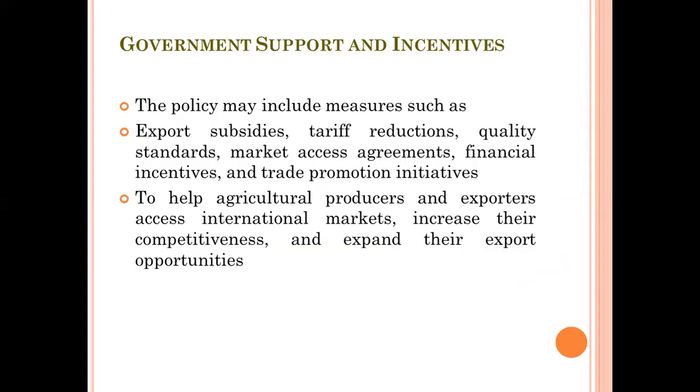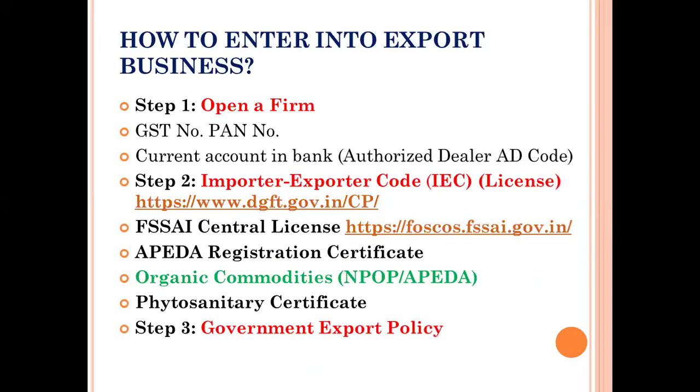Coming to the government support and incentives, if you are thinking of going for the export market, these are some things that the government is providing us. The first thing is how we can enter into the export business. These are some steps I have listed.